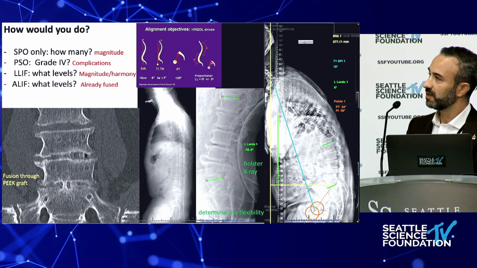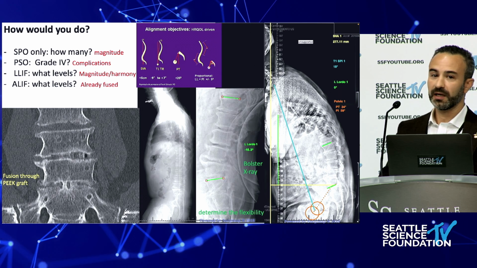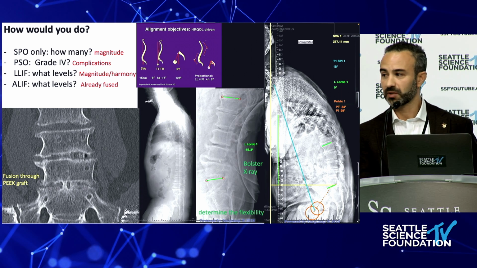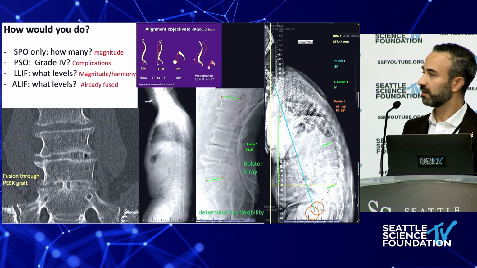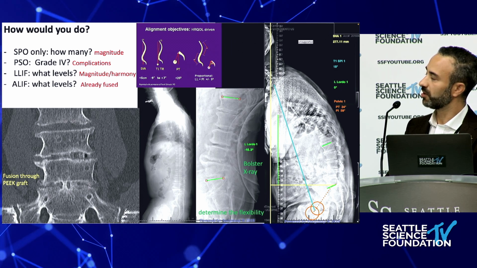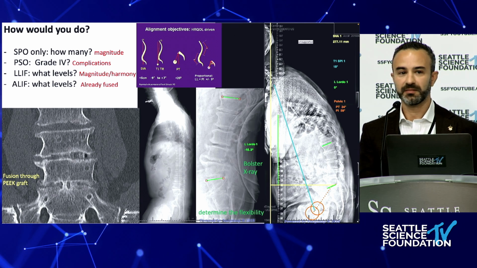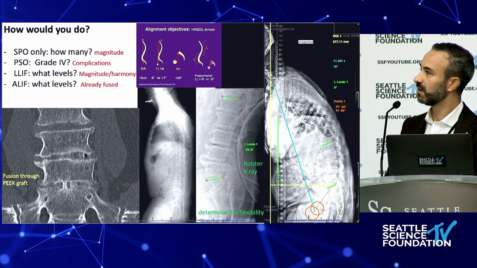And then the other thought would be a posterior column osteotomy, maybe a grade 4. As you know, the complications of those osteotomies and amount of blood loss are larger, and especially for younger surgeons in their early careers, they might not be as facile with that approach.